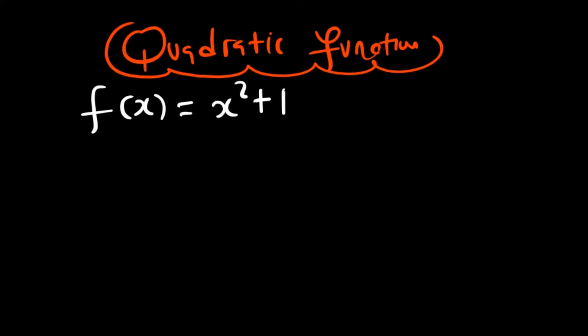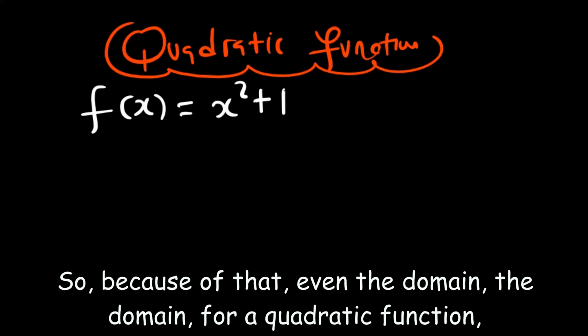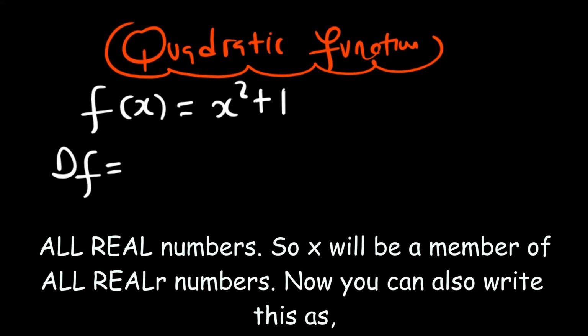So if you put any value of x here, whether negative or positive, we're still going to get a function that is defined. So because of that, even the domain for a quadratic function will be all real numbers. So x will be a member of all real numbers.